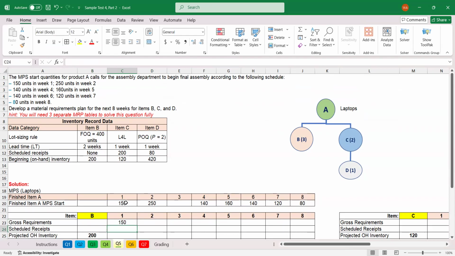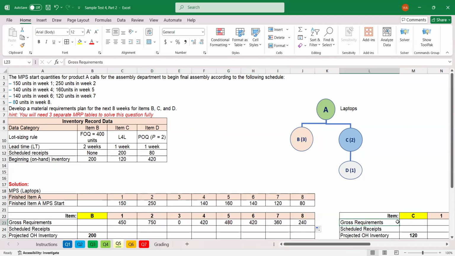But you have to look at the number in the bubble here. There's a number 3. So we need 3 parts of B to make 1 part of A. So instead of just putting 150, I'm going to say we need 150 multiplied by 3. And I'm going to drag this all the way to the end.